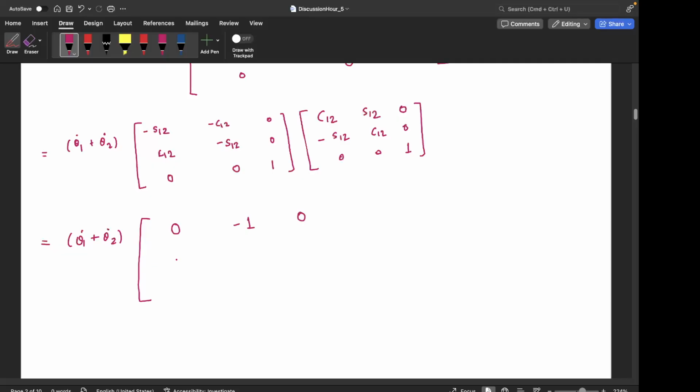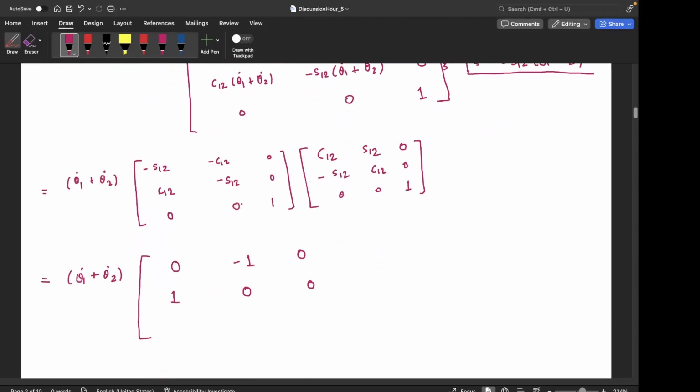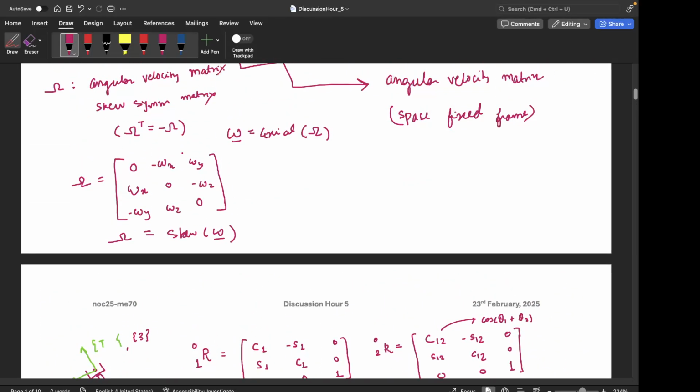Then we have the next row, that is second row, first column, c12 squared plus s12 squared, that is 1, then c12 s12 minus c12 s12, that is 0, and then 0 0 0 0 and 0 0. Yeah, right, I think here I have made a mistake.